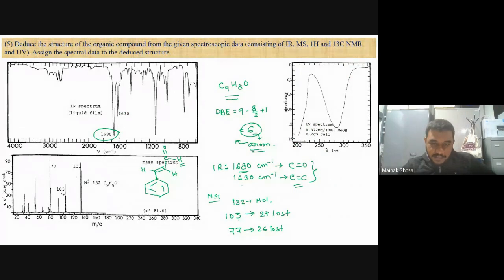Now coming to the mass spectra to match this. There is a mass loss: if hydrogen is lost here, there is a chance for the aldehyde to first lose this hydrogen. So hydrogen will be lost, and you get a peak at 131. So loss of the aldehyde hydrogen gives you this.